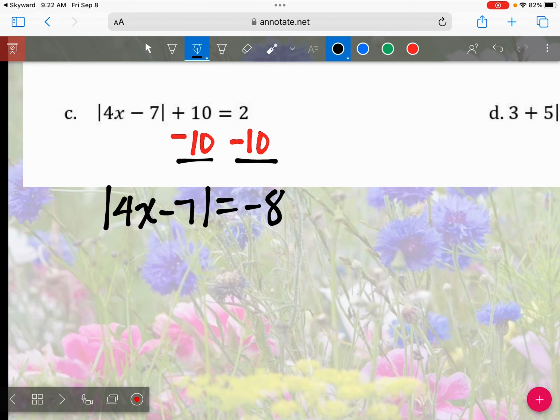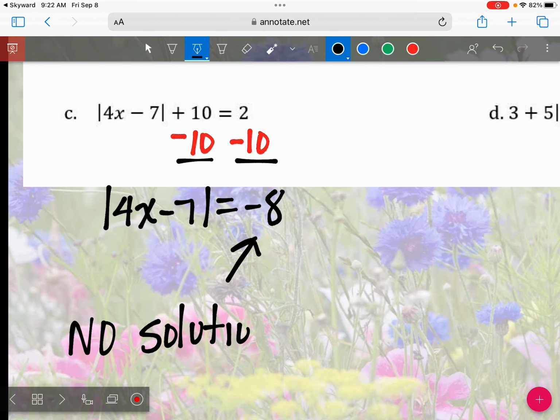And I can stop right there. This has no solution. And how do I know it has no solution? Because the absolute value is all by itself and it equals a negative. So you don't need to continue. We stop right here. Because it's equal to a negative, this has no solution. If you were to graph it, these two graphs would not intersect.